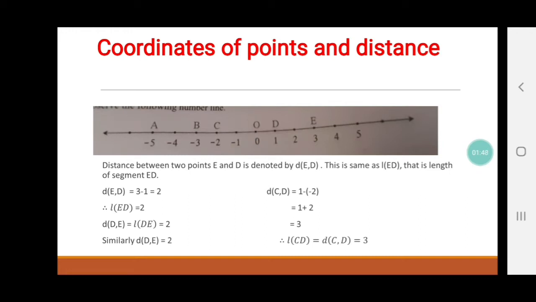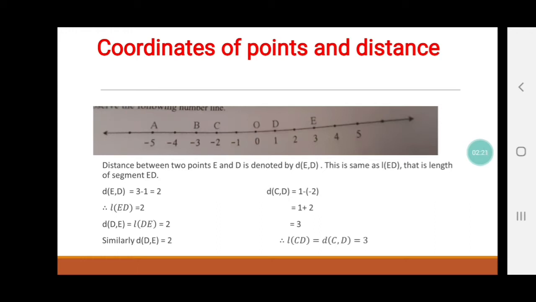Now here in this figure, point A represents coordinate -5. B represents -3. Point C represents coordinate -2. O represents 0. Point D represents 1. And point E represents 3. Now if I have to find out distance, to find out distance, I have to find out the difference between the coordinates of the respective points.